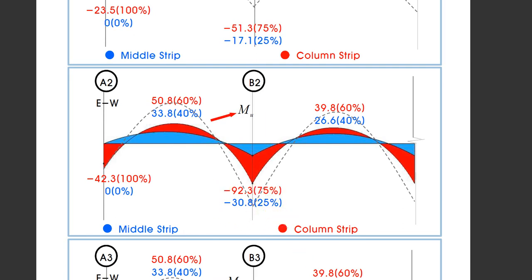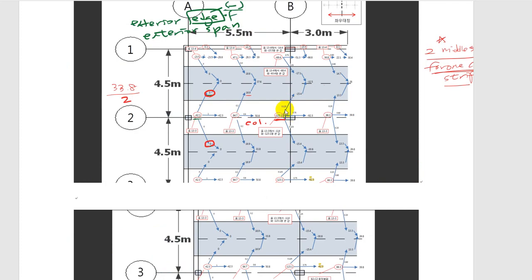Okay. So this goes minus 92.3, and also the middle strip should be divided by 2 to be sure the column strip is located in both ends of the column strip. So this is minus 15.4. This is minus 15.4. Okay.